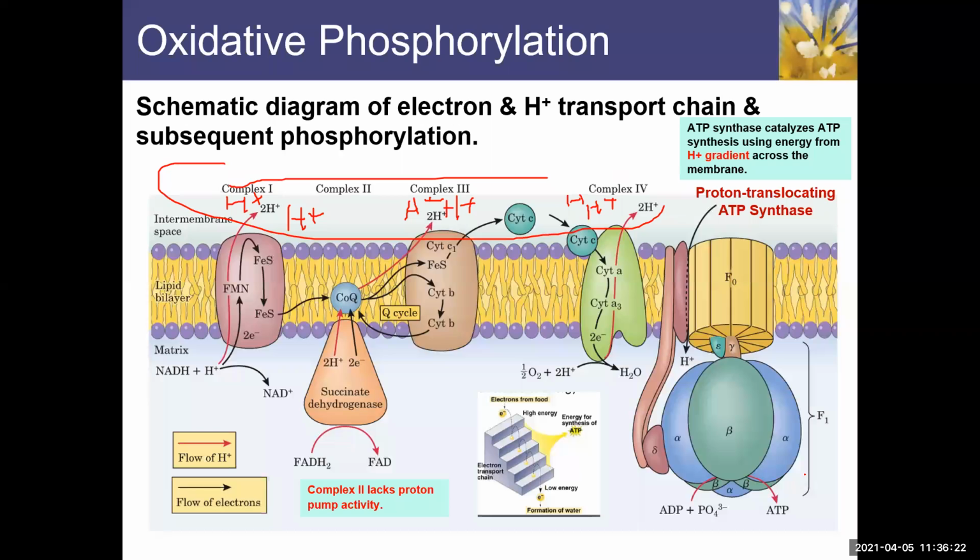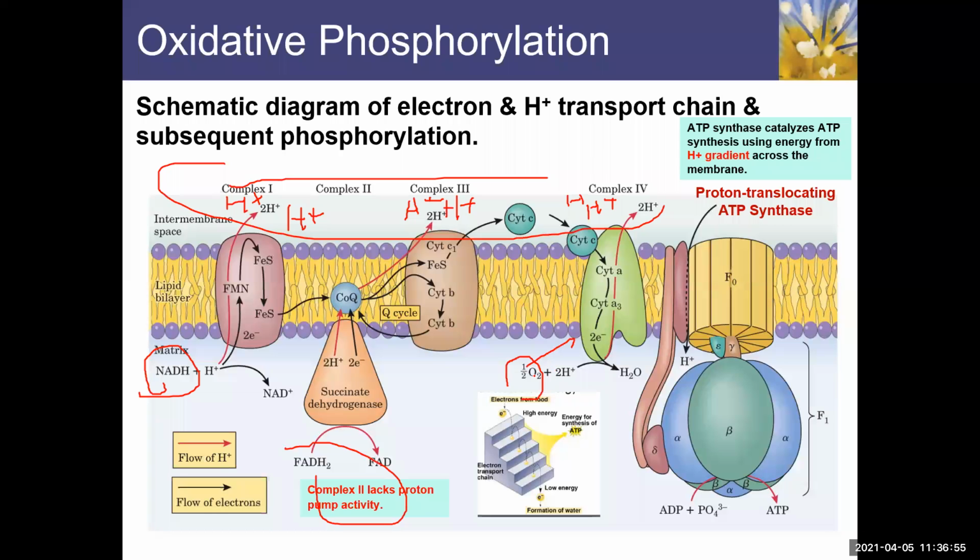But before I start describing how we generate the ATP, did you all understand what is happening at complex 4? At complex 4, the electrons accepted by complex 4, which originally came from NADH or FADH2, are pulled by oxygen, which has the greatest affinity towards these electrons.